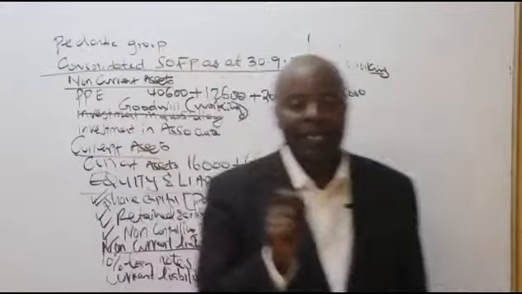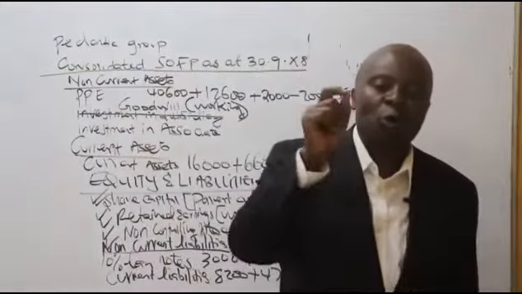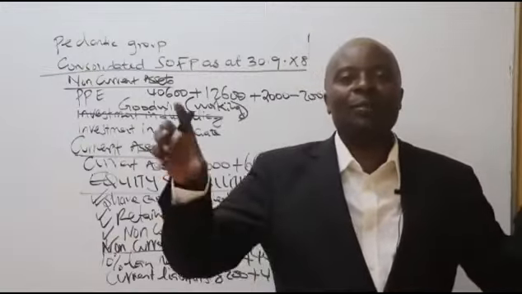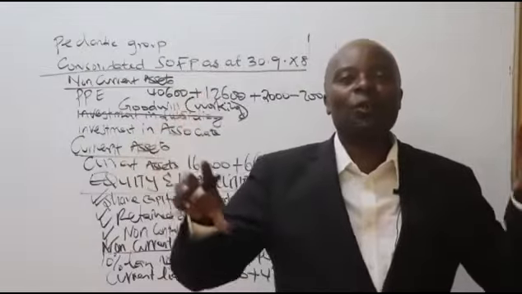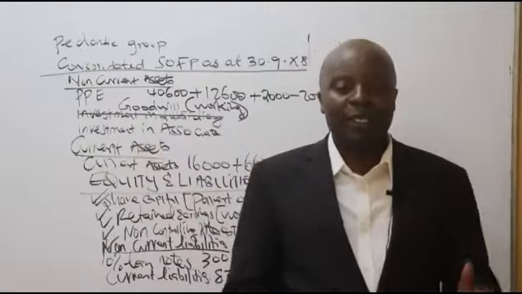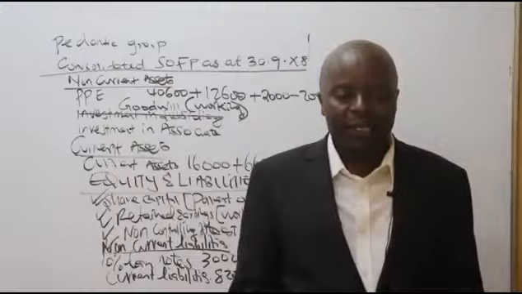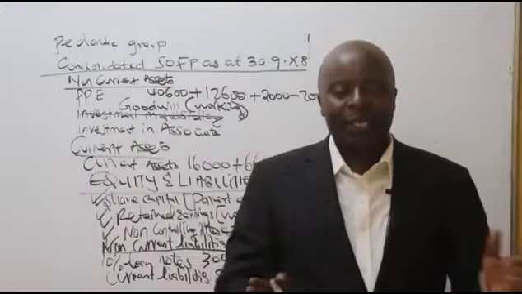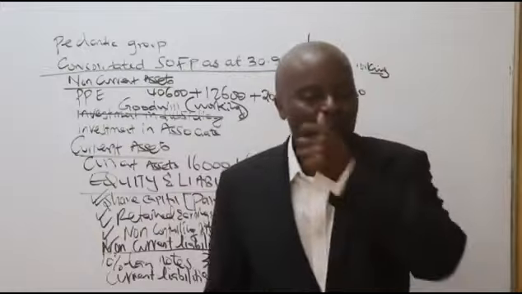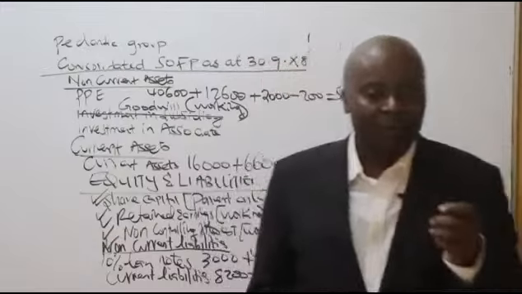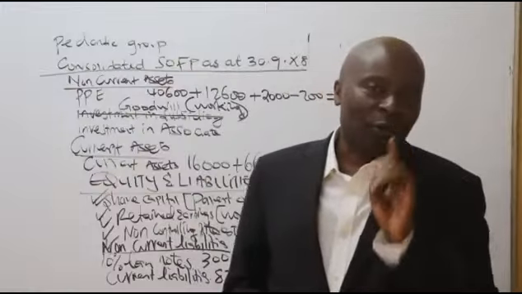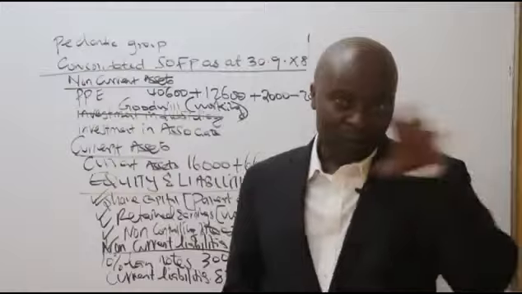I'm repeating again, ladies and gentlemen, whenever you come across any internal sale, that is when we have a parent selling to a subsidiary or a subsidiary selling to a parent. If, for example, my wife was to come to this particular CPA class and pay for the course, honestly speaking, I should never recognize that money in the group from the family setup.